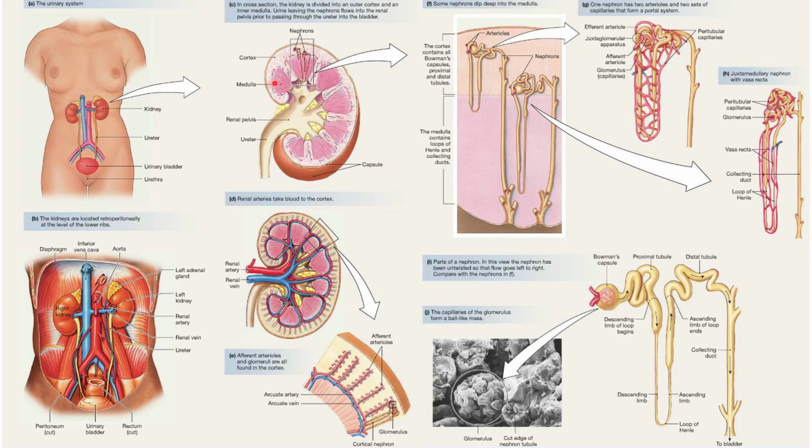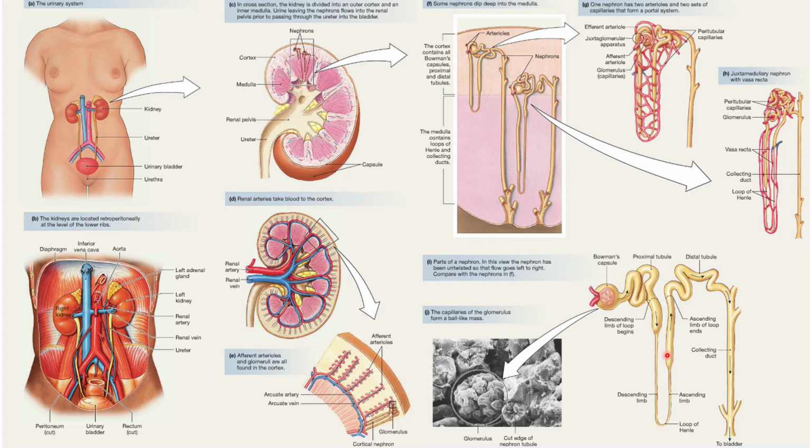And the functional unit of the kidney, the part that we'll be spending most of the time talking about, is called the nephron. So the nephron exists both in the cortex, and there's also regions that exist within the medulla. And it's here within each of these nephrons that are interspersed all throughout the kidney that filtration takes place.